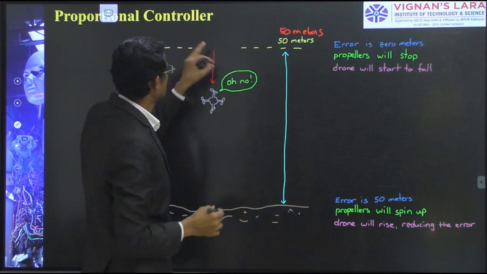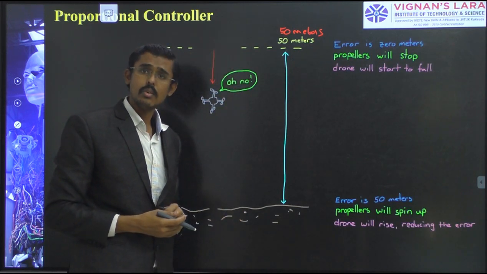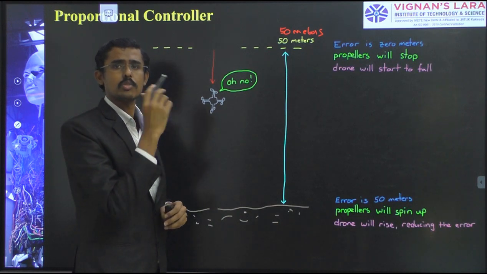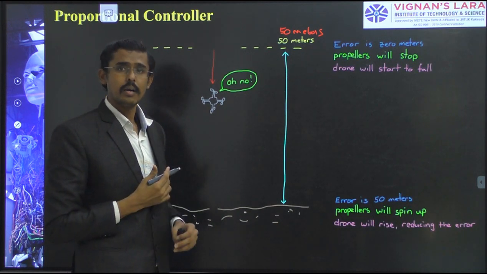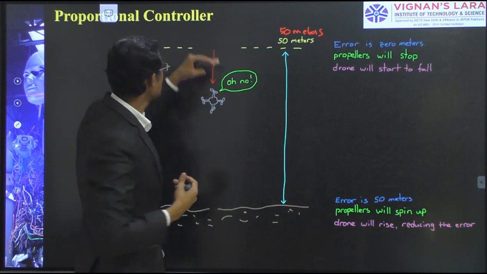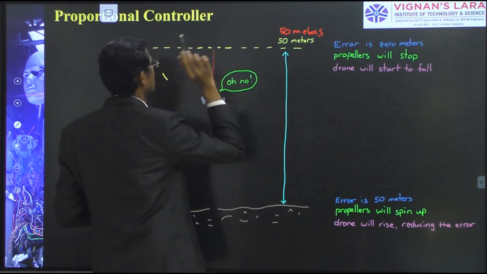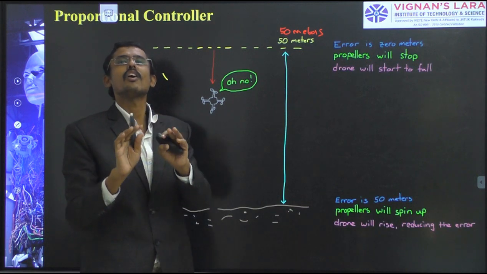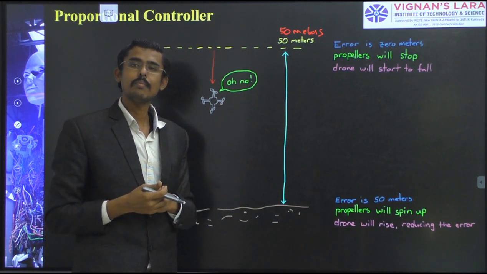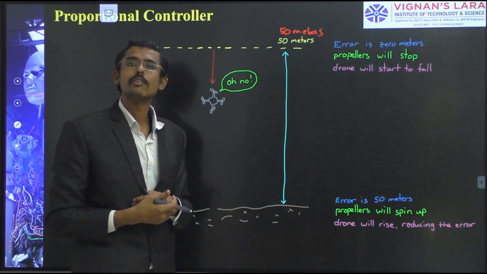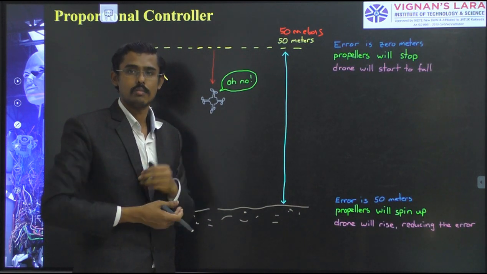That is my destination point. Now it is rotating at some speed and reaches here. Now the machine is off. What happens? The aircraft falls down. Therefore, it does not work proportionally.